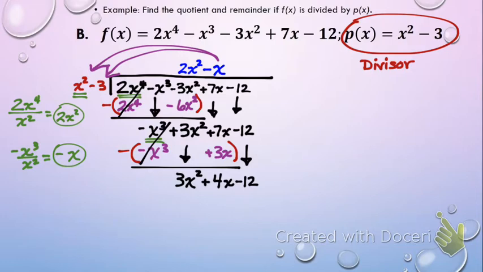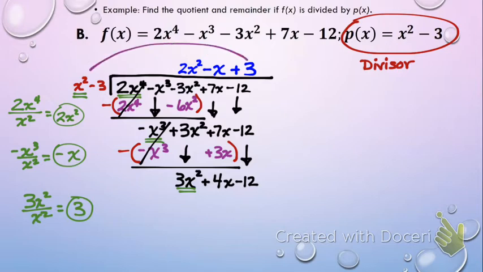What next? Do it again. How many times does x squared go into 3x squared? 3 times. So I've got plus 3 up on top. We're going to take that and distribute it. So I have 3x squared minus 9.